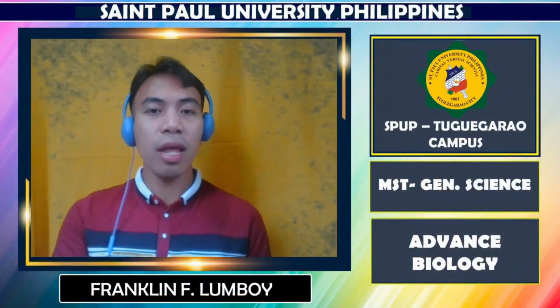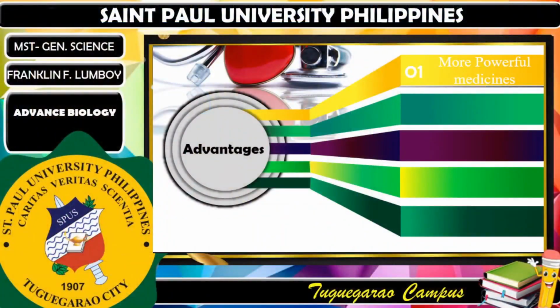pharmacogenomics. The next one is this one, better, safer drugs the first time. What does it mean? Better, safer drugs the first time? Instead of the standard trial and error method of matching patients with the right drugs, doctors will be able to analyze a patient's genetic profile.